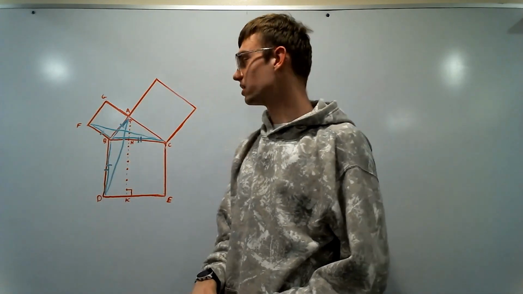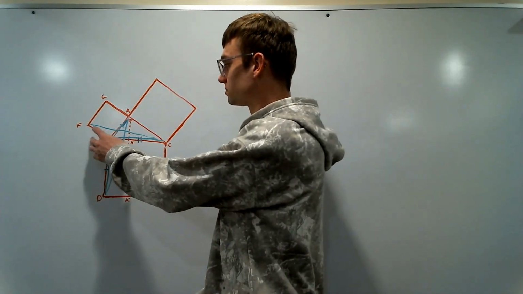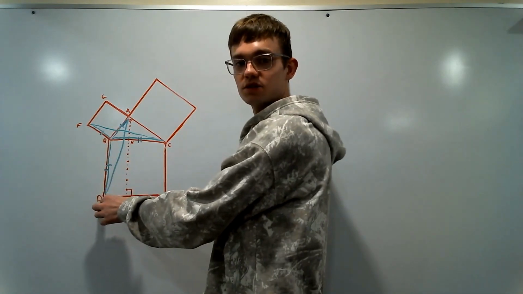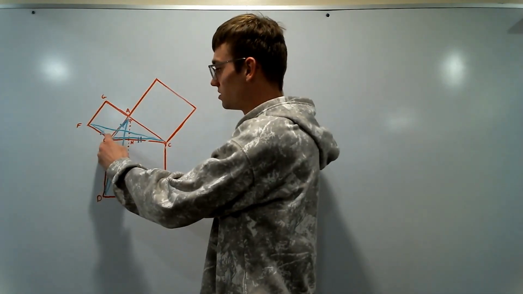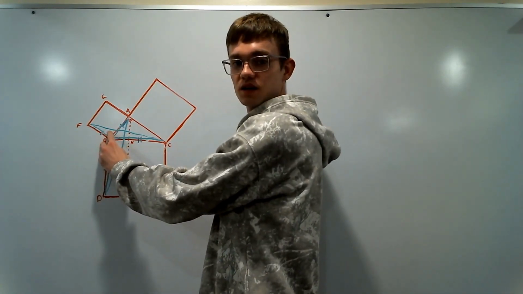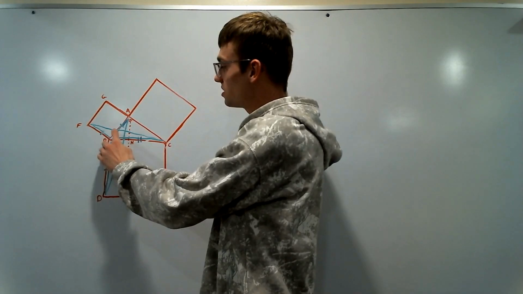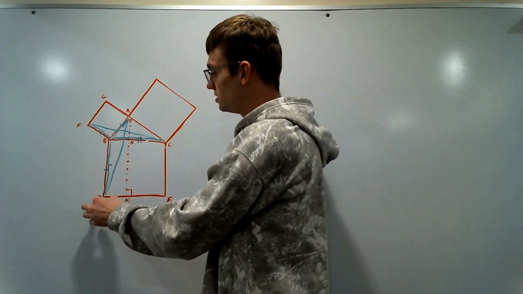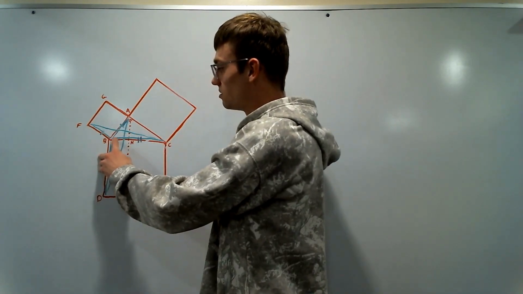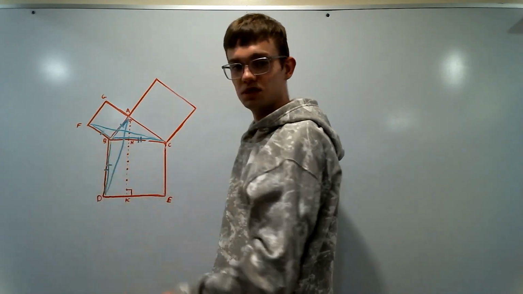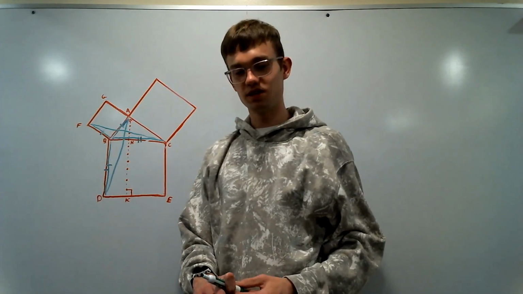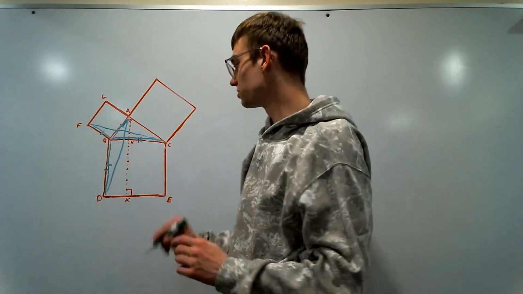The last thing we want to look at is this included angle FBC on one triangle, ABD on the other triangle. FBC has the right angle from a square plus this other angle ABC. Angle ABD has a right angle from a square plus the same angle ABC. So, by side angle side, we know that these two triangles are congruent.